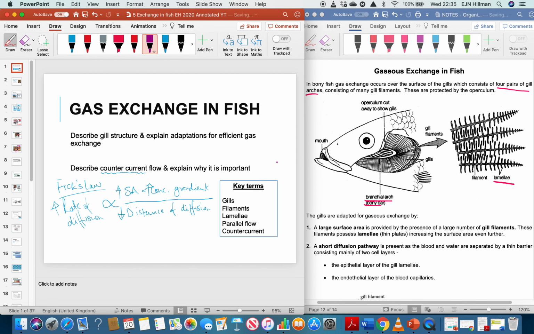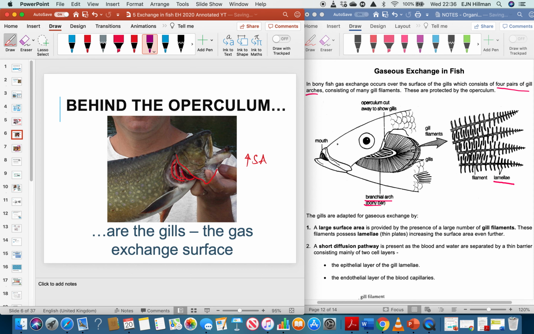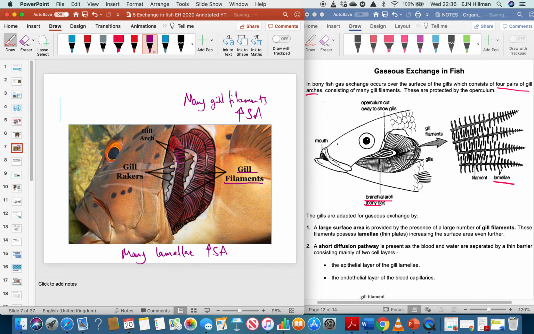So if we go back to our original Fick's law, we've got a large surface area of the gas exchange surface due to, okay, so we've got perhaps 4 gill arches, 4 pairs, so 4 on one side, 4 on the other side. On each of those gill arches are many gill filaments, and then on each of the gill filaments there are many lamellae, all of which increases that surface area.